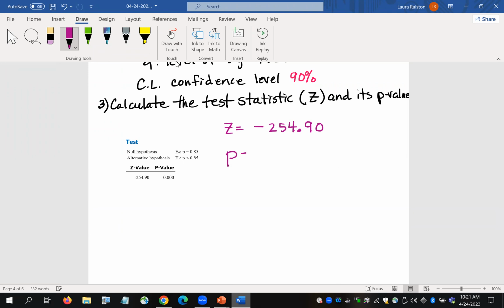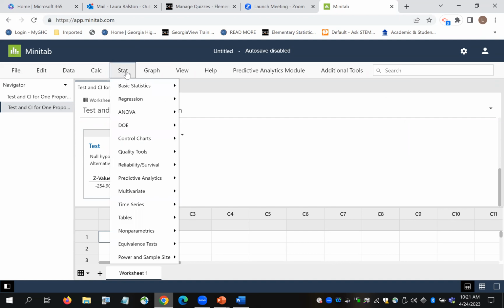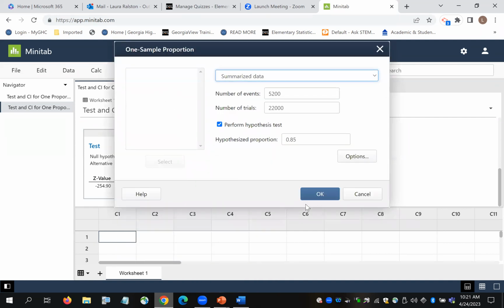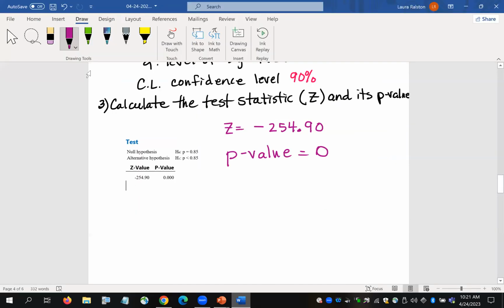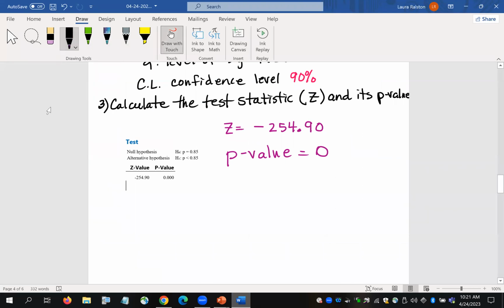The p-value is 0. Did I enter that right? Let me double check my numbers. Just seems awfully large. Yep, I entered them right. Okay, it's okay. Sometimes with real data, things can be messy. I just wanted to double check myself.